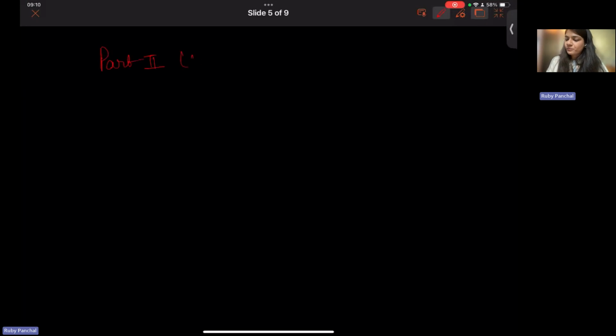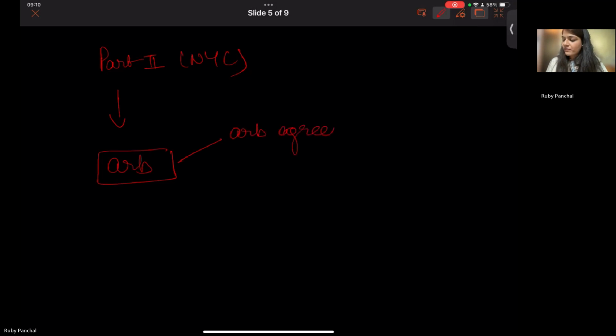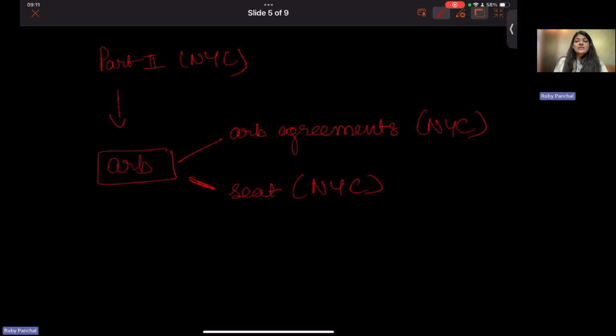So, what is the applicability of Part 2? So Part 2 will apply to arbitrations arising out of arbitration agreements to which New York Convention applies, and arbitrations which were held or seated in the places where New York Convention applies, or where India has made reciprocal promises with respect to those places.